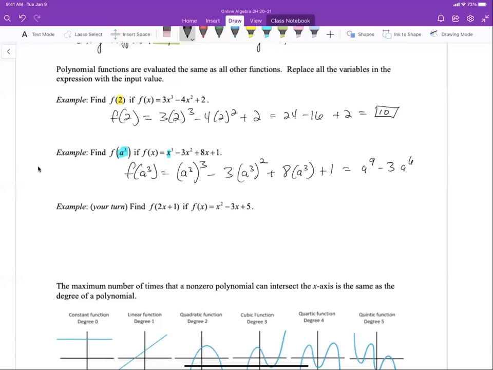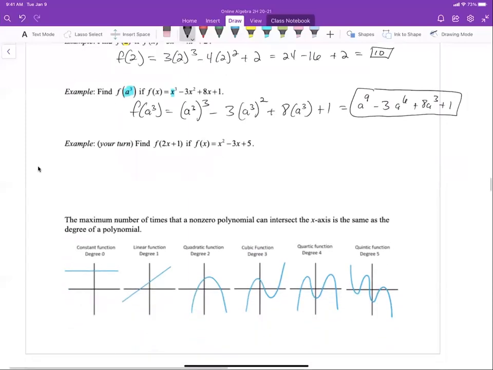I have to multiply my exponents. And then plus 8 times a cubed, and then plus 1. And let me just make sure this is clear because my a's and 9s are starting to look a little similar. There we go. And there is the answer.